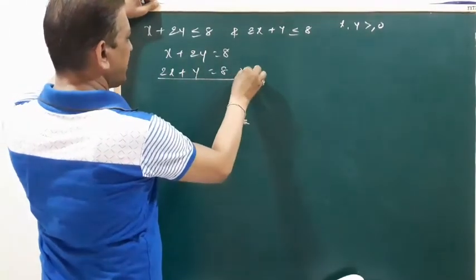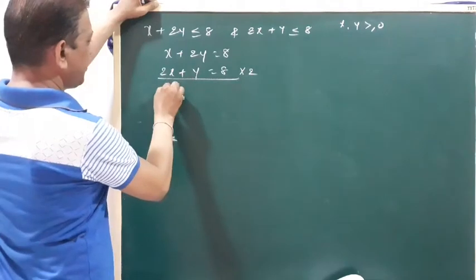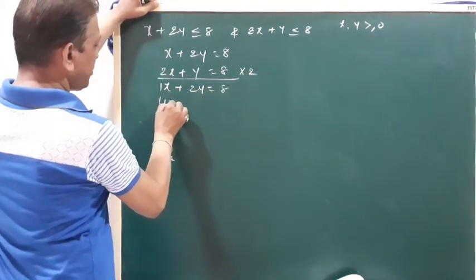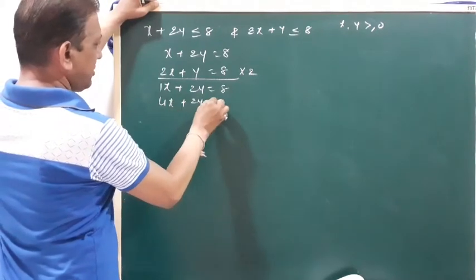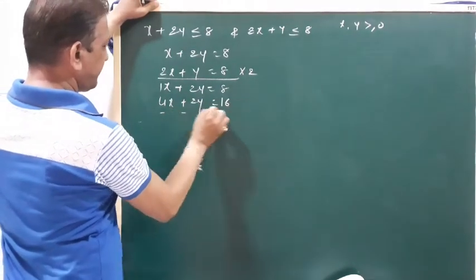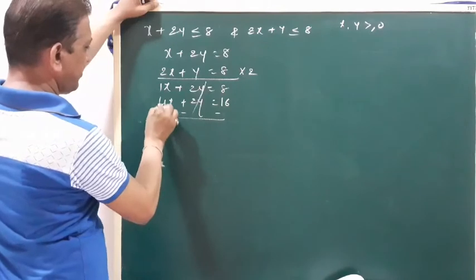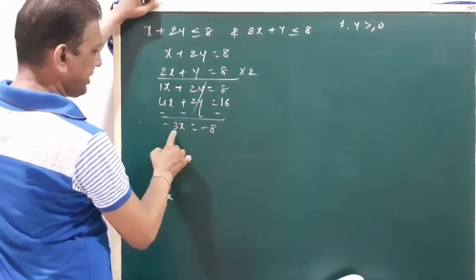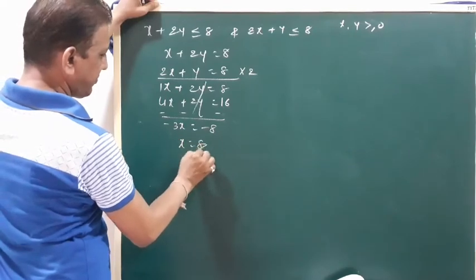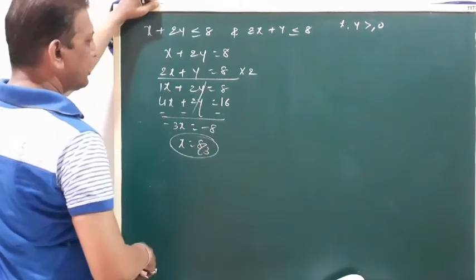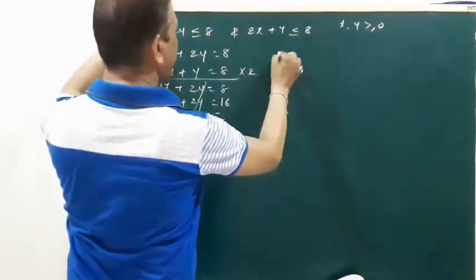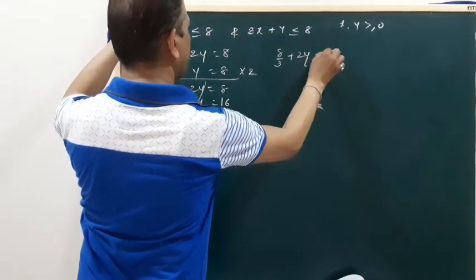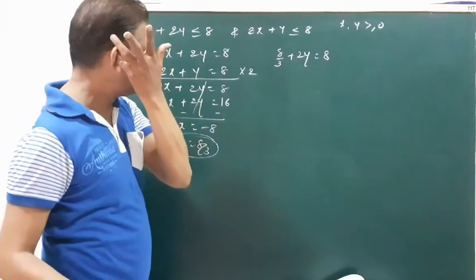Suppose we solve for the y coordinate, multiply by 2 here. So the first equation as it is, second equation 4x plus 2y. Cancel. Subtract: minus minus plus. Now put in any one equation. Suppose we put in the first equation: x equal to 8/3, plus 2y equal to 4.